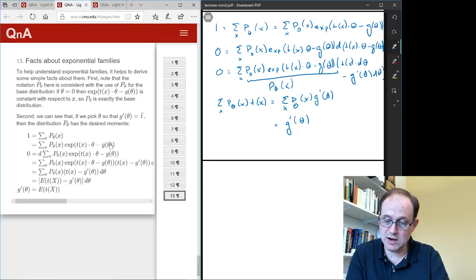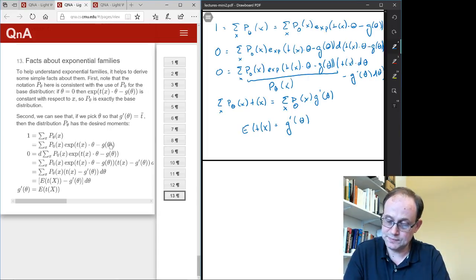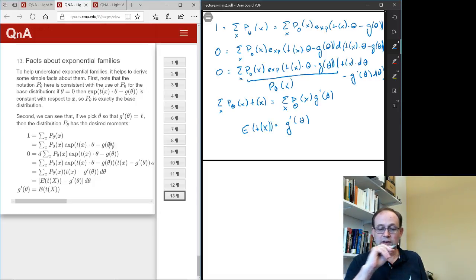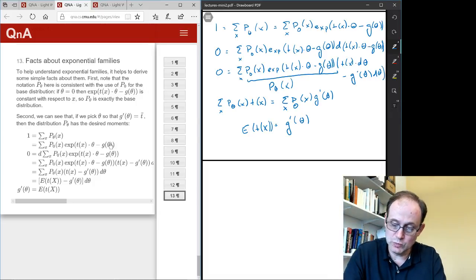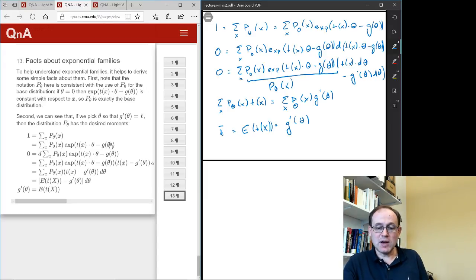And this part here is the definition of the expected value of t of x. So this is E of t of x, which we have been calling t bar. So in fact, as promised, if we set theta so that g prime of theta is t bar, then we have E of t of x is t bar.